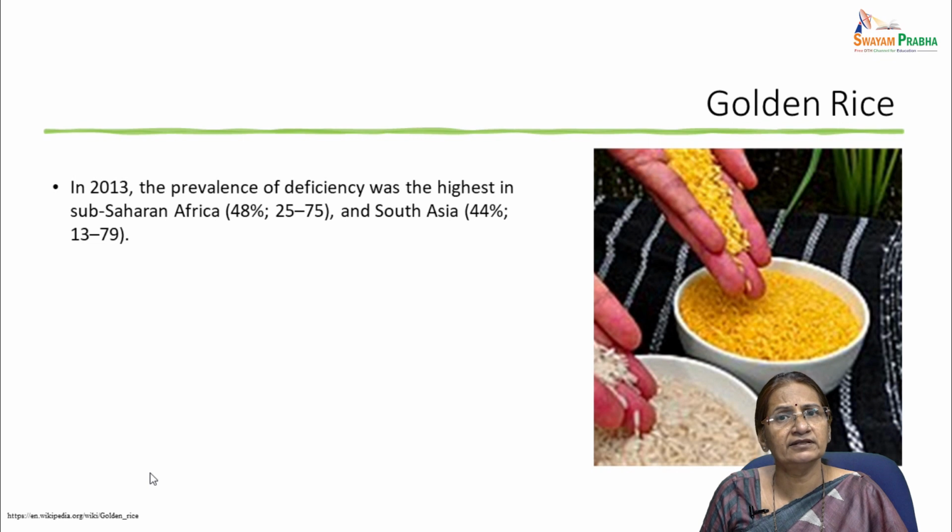In 2013, the prevalence of deficiency was the highest in sub-Saharan Africa and South Asia.